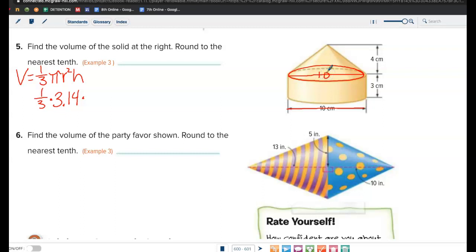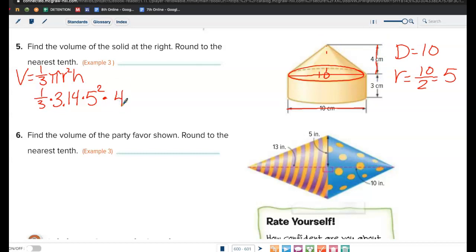If my diameter is 10, that means my radius is half of that, 10 divided by 2, so my radius is 5 squared times the height of the cone, but you can see they actually put it on the outside, so it is 4.